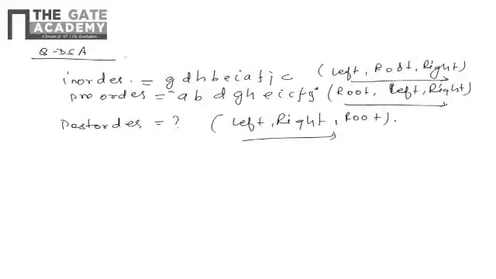Scan the pre-order from left to right. Pre-order means root, left, and right, so definitely A is the base root, the main root.